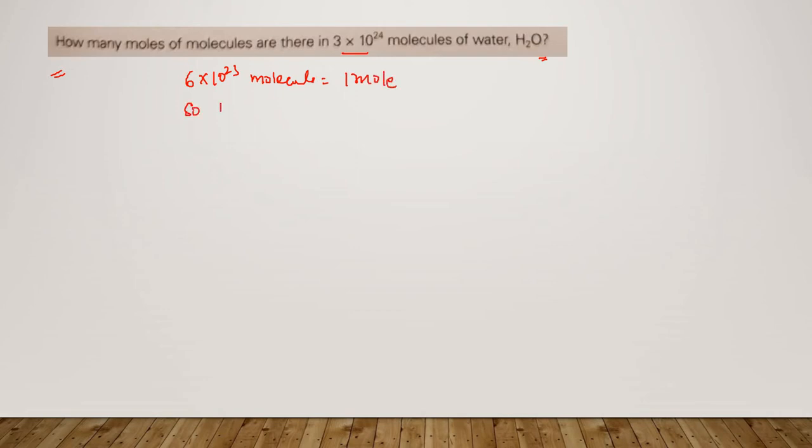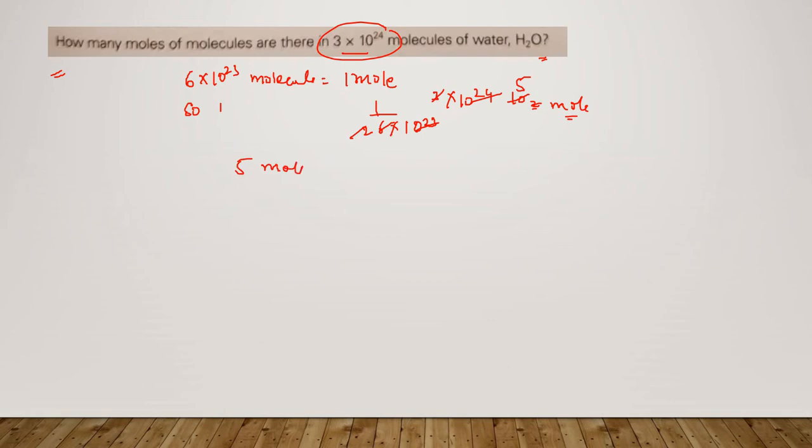So if 6 into 10 to the power 23 is 1 mole, you can do a rough calculation here itself. This is your 10 to the power 23 multiplied by 5, so your answer should be just 5 mole.